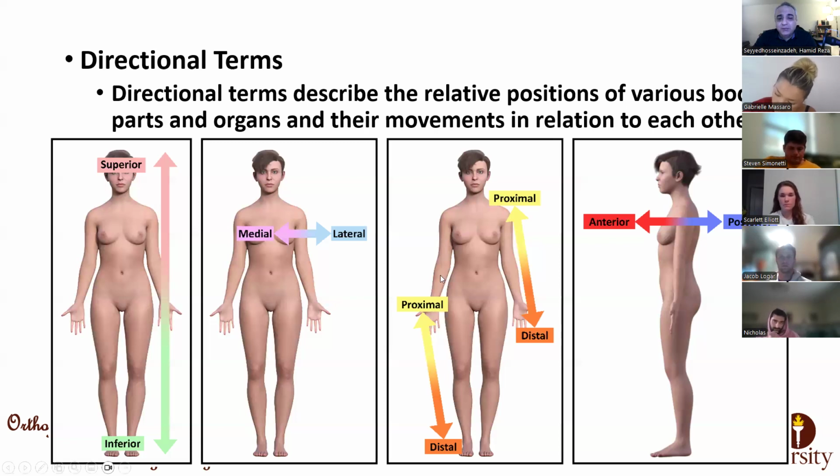When we are talking about the extremity, only extremity, you have two terms, proximal and distal. Proximal means toward the origin of the extremity or limb. Distal means toward the end of the limb. For example, shoulder is proximal to elbow, and hand is distal to wrist.